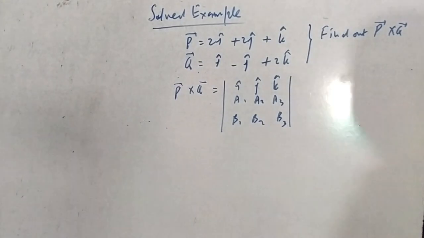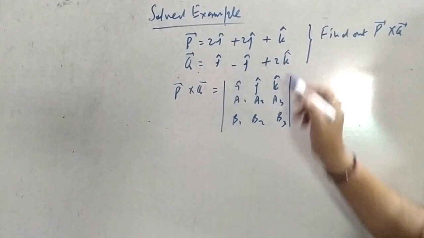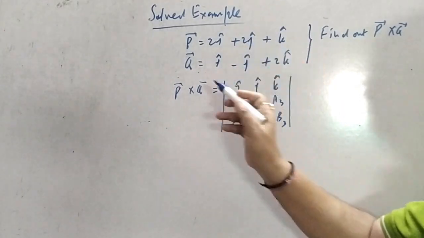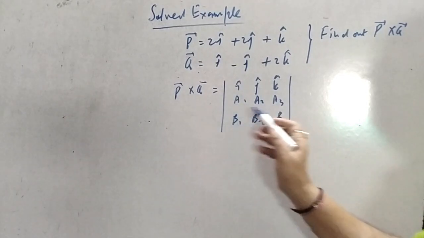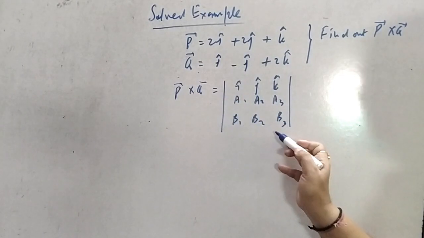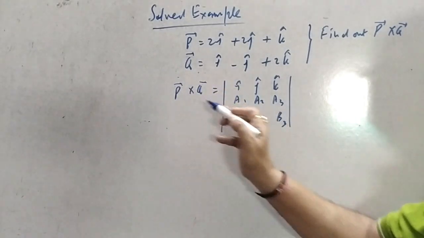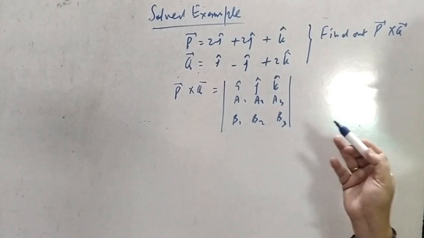Now let us see what is a1. Here a1 is 2, a2 is 2, a3 is 1. जो कोफिशिएंट है आई जे के का. पहले वाले जब p लिखते हैं तो p के यहाँ लिखेंगे, और अगर उसके बाद q है p क्रॉस q तो उसको नीचे लिखेंगे. अगर q क्रॉस p लिखना होगा तो q वाले चीज को ऊपर लिखेंगे और p वाले को नीचे लिखेंगे. दिस इज द डिफरेंस.